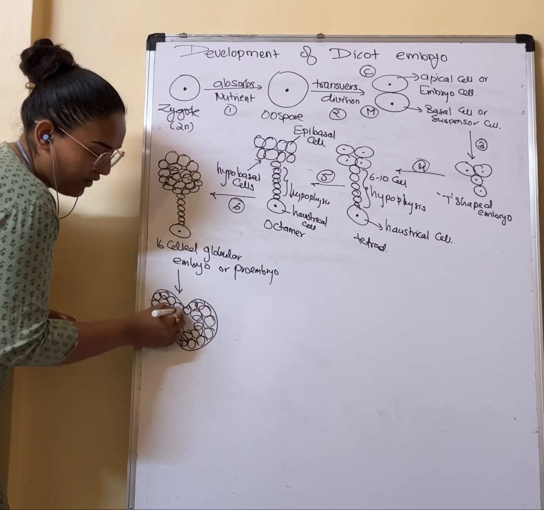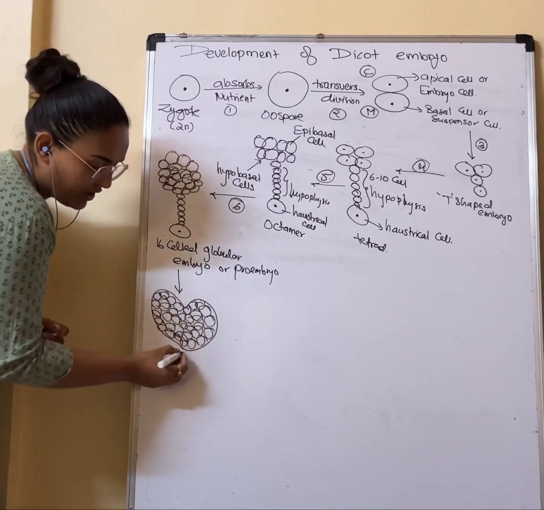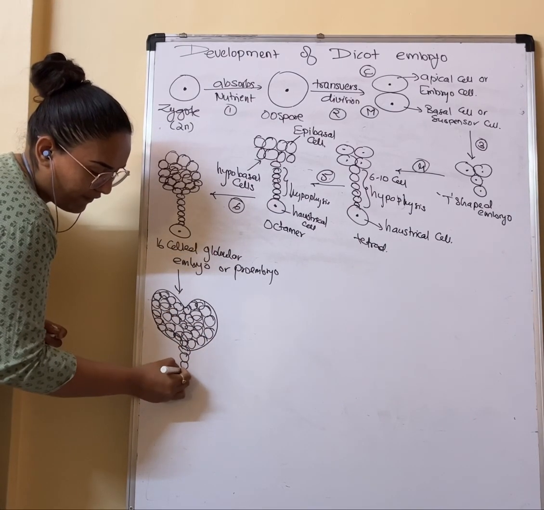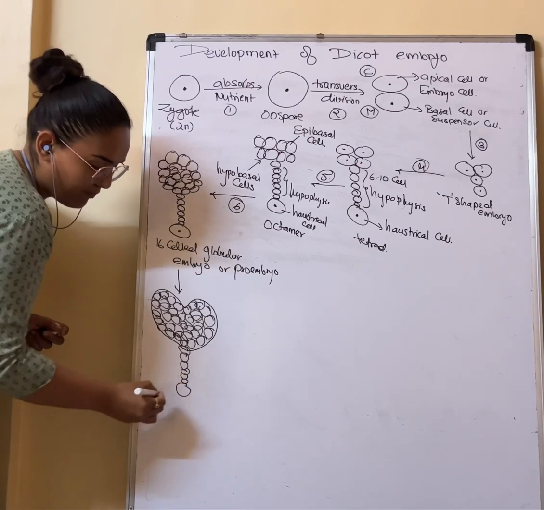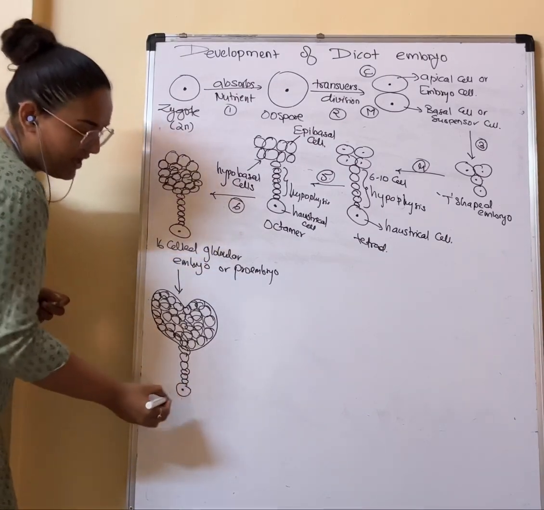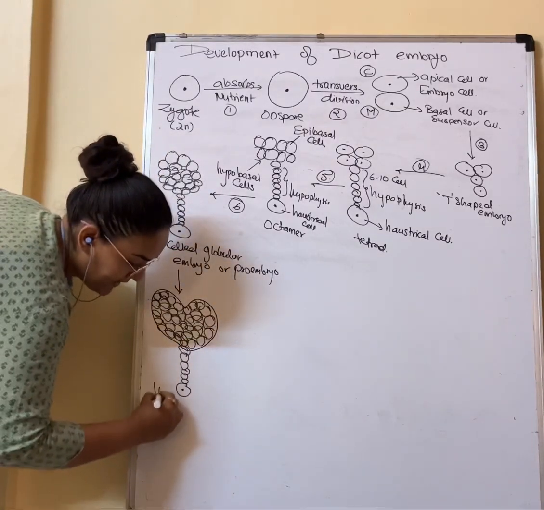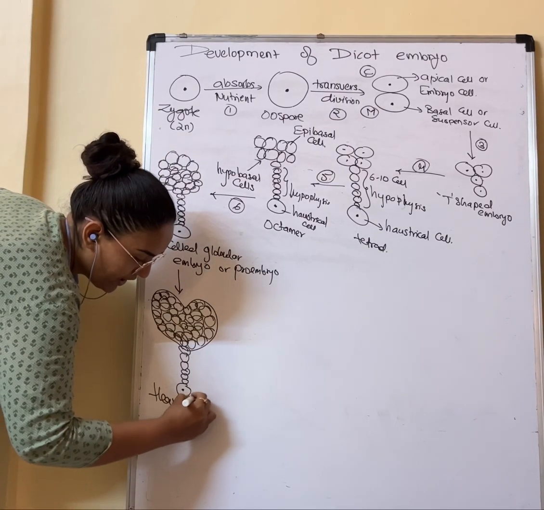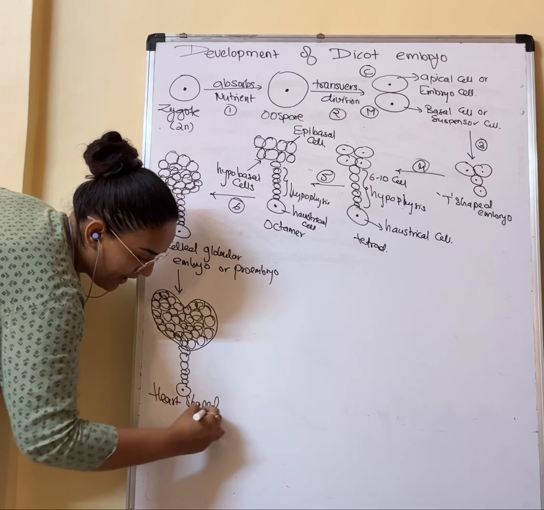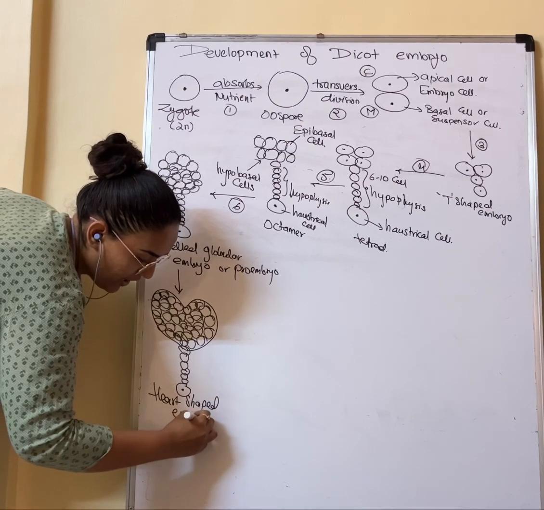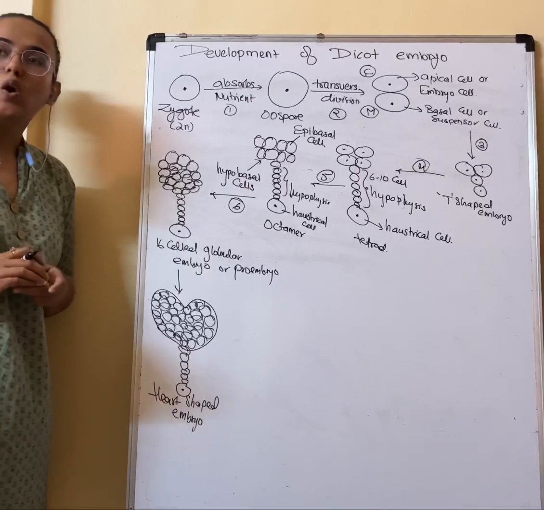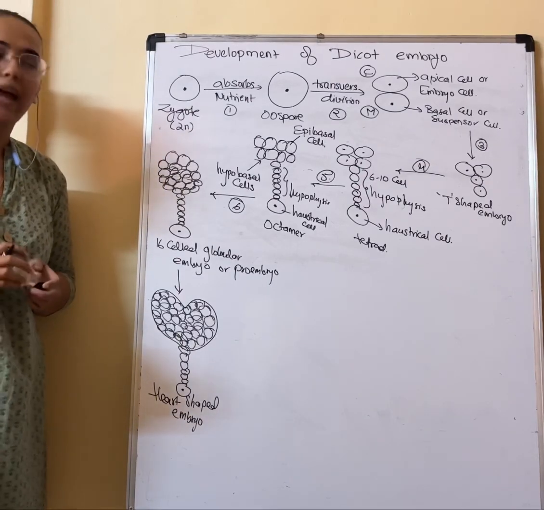Again, the hypophysis remains the same over here, pushing the embryo towards the center. Now, this is a heart-shaped structure and we call it the heart-shaped embryo.